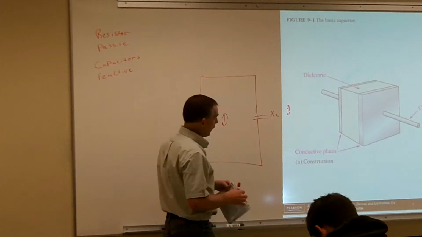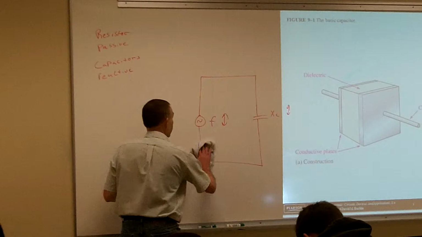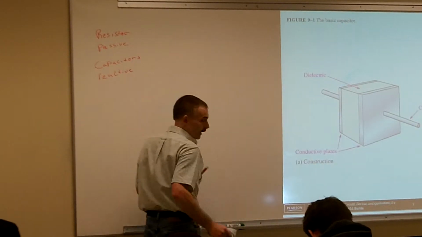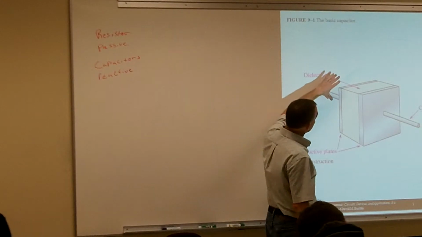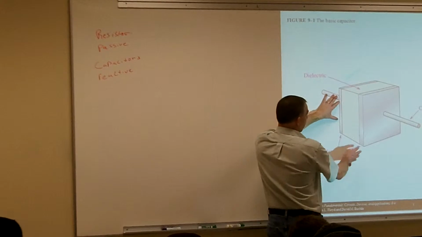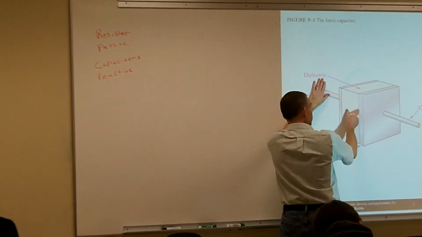So to take a look at why that is, again, we're not going to go too much into the mechanics of how a capacitor works, but we'll talk a little bit about it. I have two conductive plates sandwiching an insulator.